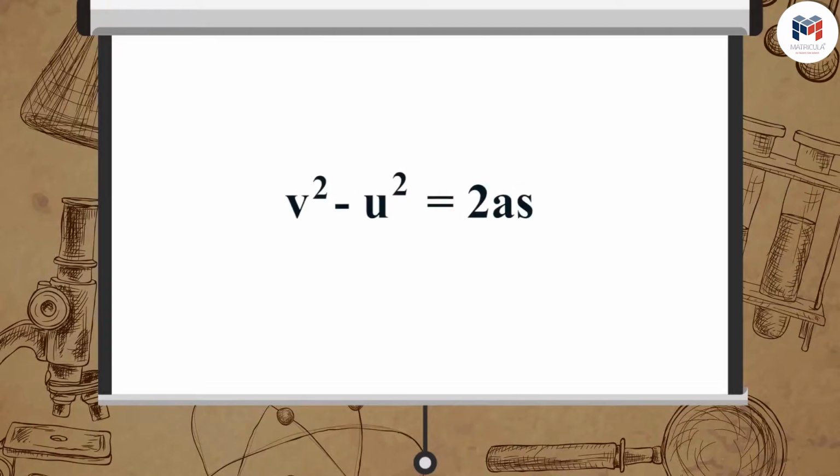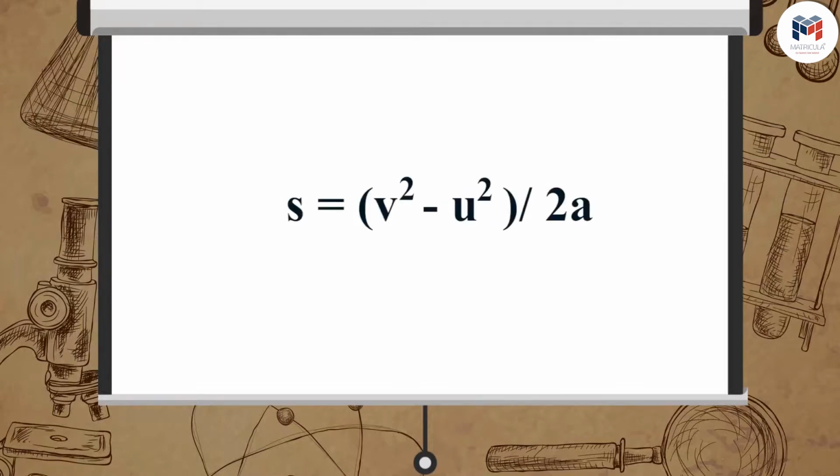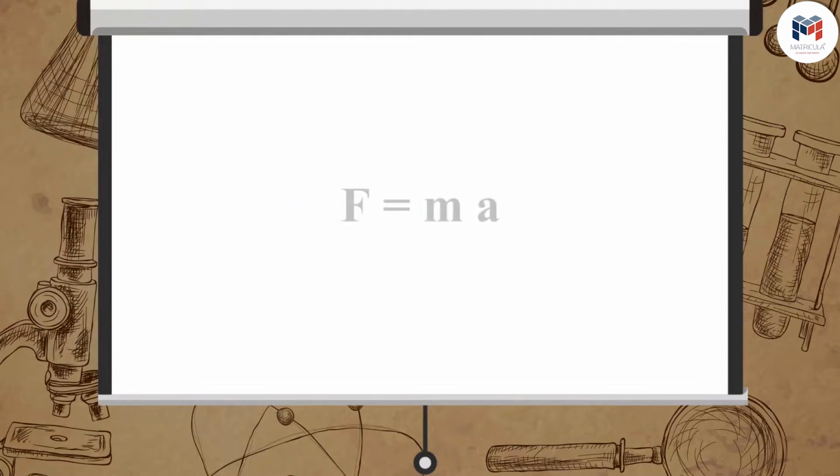Remember, we studied the three equations of motion, and according to the third equation, v square minus u square is equal to 2as, from which we derived displacement. s is equal to v square minus u square the whole upon 2a. We also know F is equal to ma.